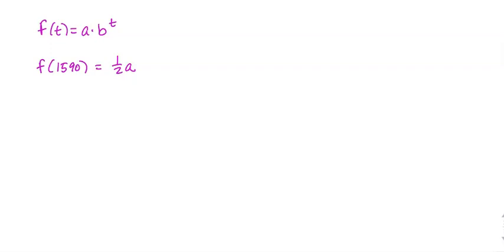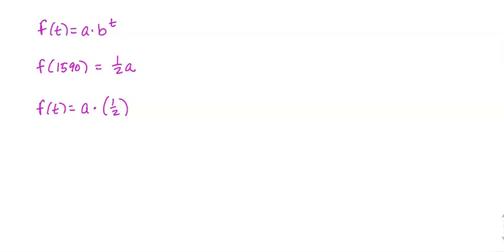Since our generic setup is a times b to the power of t, if it's a times 1/2, we're thinking about what that exponent would have to be so that when we plugged in 1,590 we got just 1/2 a. That means the exponent must be equal to 1 when t is equal to 1,590.